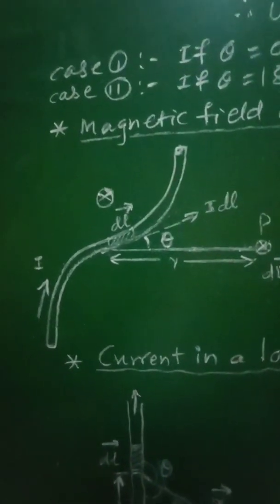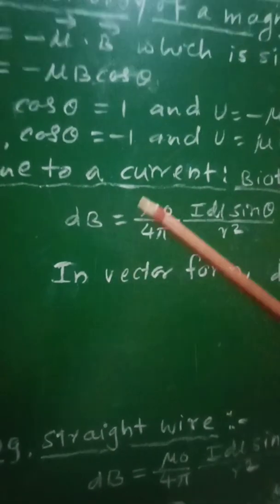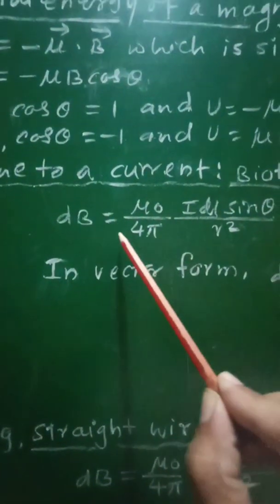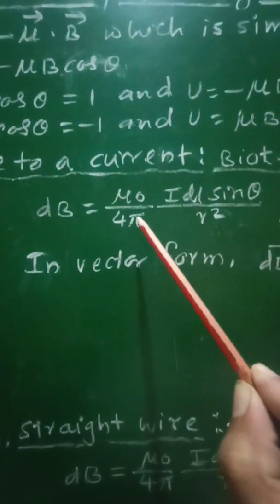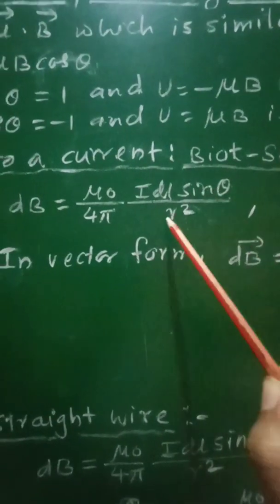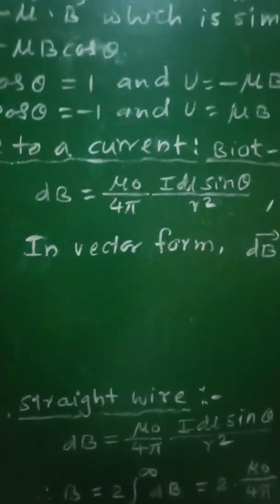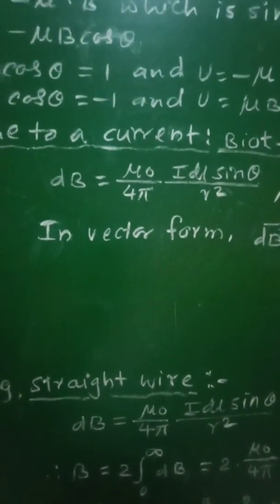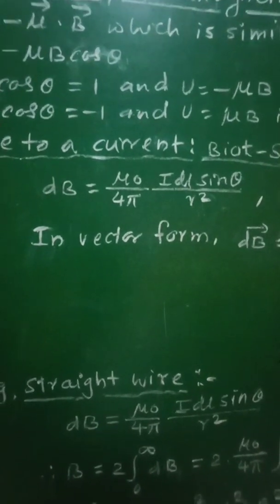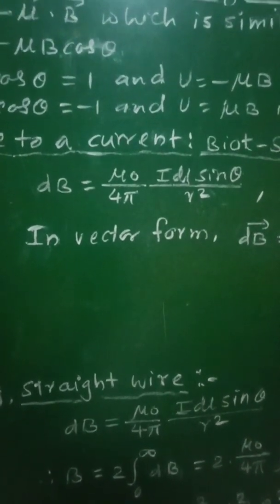Now according to Biot-Savart law, this magnetic field dB will be equal to mu 0 upon 4 pi I dl sin theta upon r square. So this gives the magnitude of magnetic field at that point P due to that current element dl.